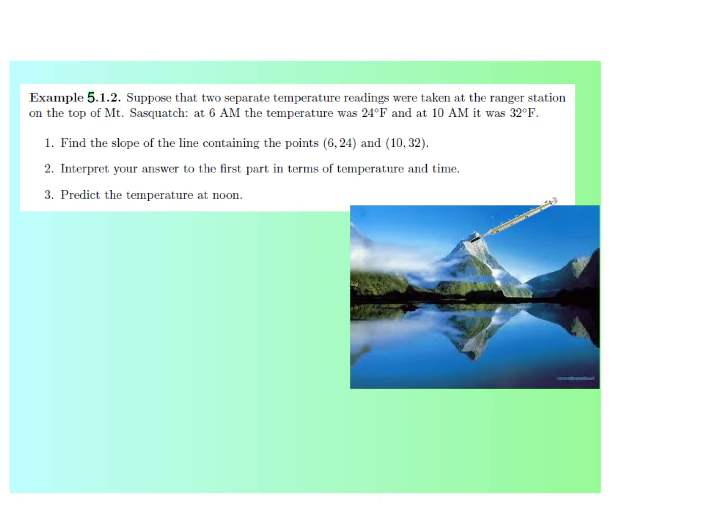Okay, so I got 32 minus 24. What is that? 8. You're right. Over 10 minus 6, what's that? 8 over 4 is 2. But what is it? 2 chickens per hour? Well, what is it? 2 degrees per hour.